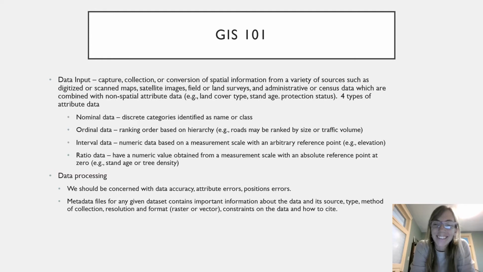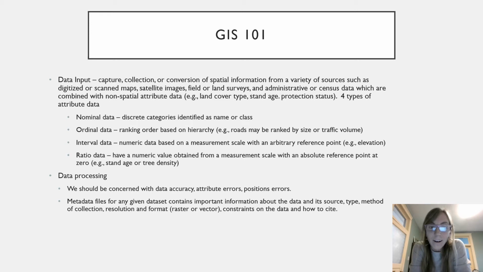So the 4 that we most frequently see are nominal data. That's discrete categories that are identifiers. They might be the name or the class of our spatial data.